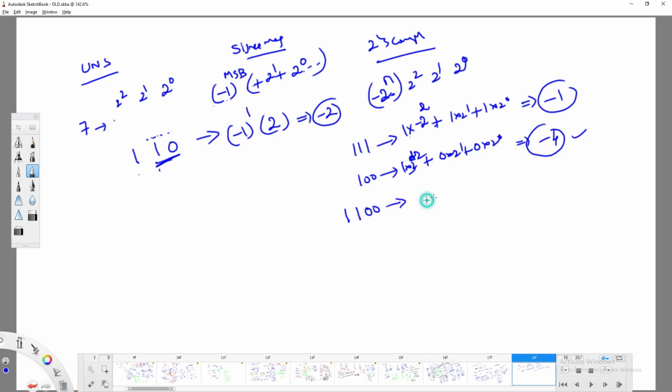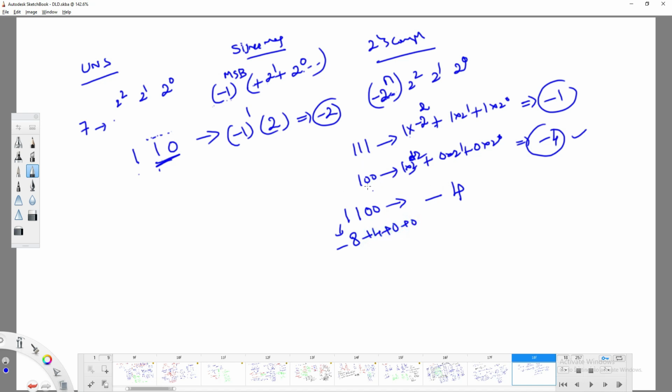What is the value? Minus 4 only. Why? If you solve again, you get minus 4 only. Why? It is consecutive multiples of 2 only. This is minus 8 plus 4 plus 0 plus 0. You are going to get 0.